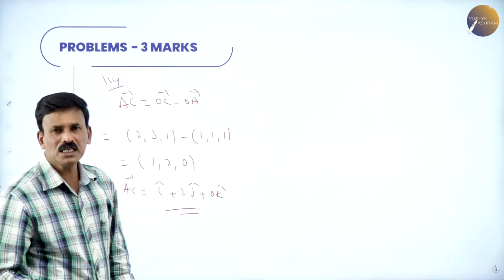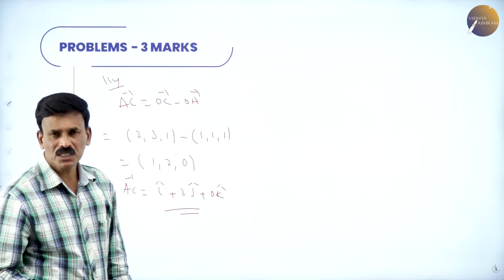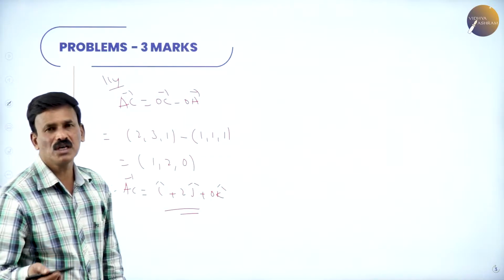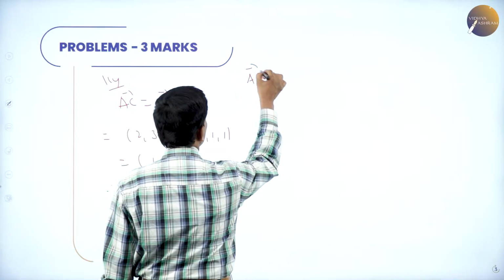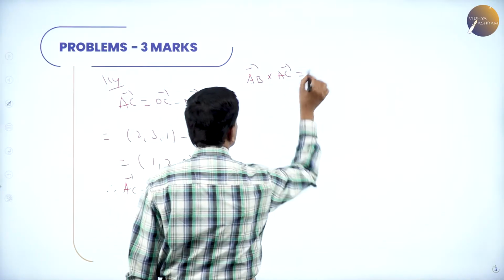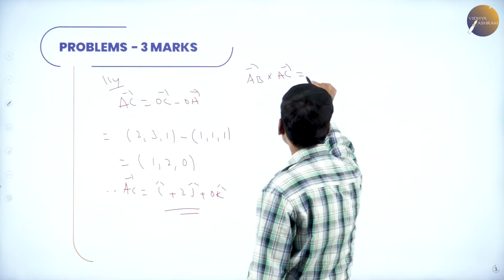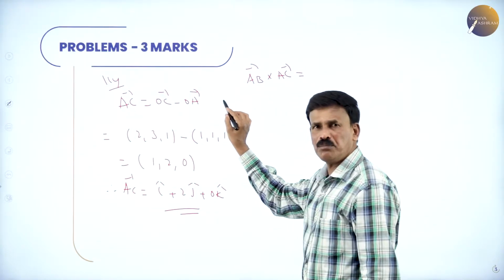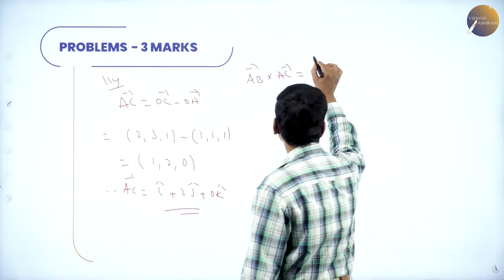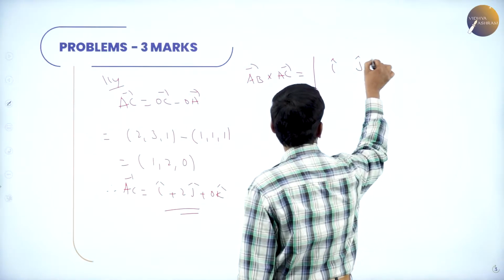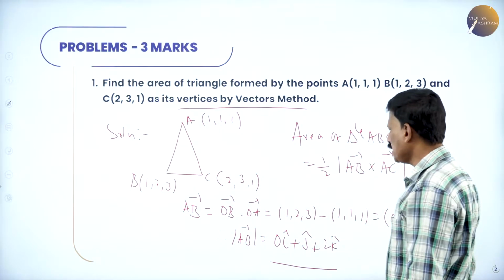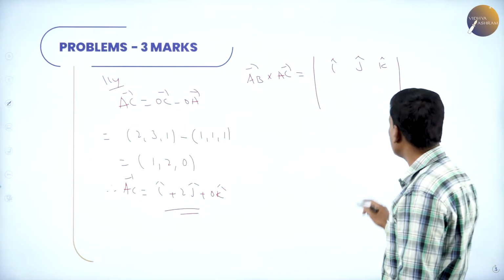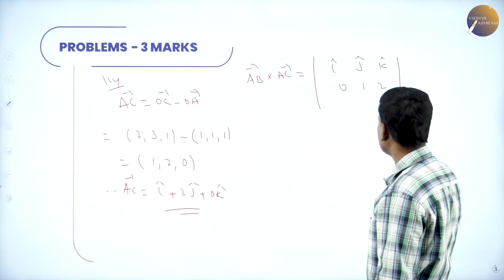Once we determine AB and AC, what is the formula for area of a triangle? Half into length of AB cross AC. Now just find out AB cross AC, the cross product of AB and AC. Determinant I, J, K. What is AB vector? 0I plus J plus 2K, so 0, 1, 2.